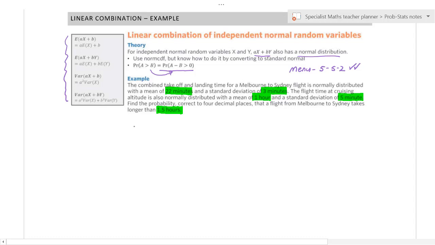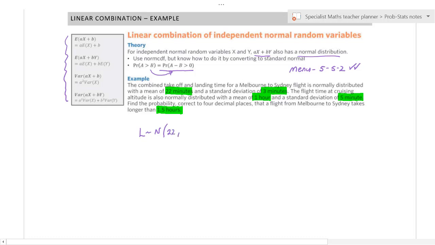First of all, we've got a density function, a probability function. For the landing time, I'm just going to call that L, and that's going to be normally distributed. And it says here it has a mean of 22 minutes.